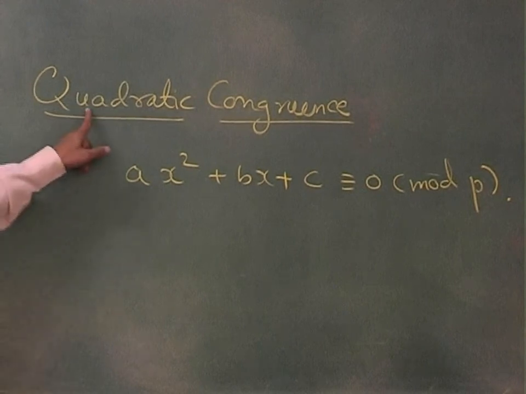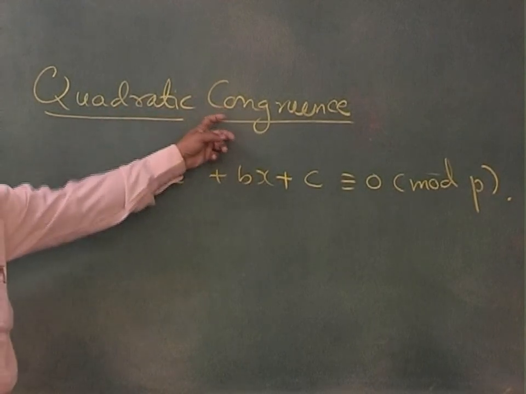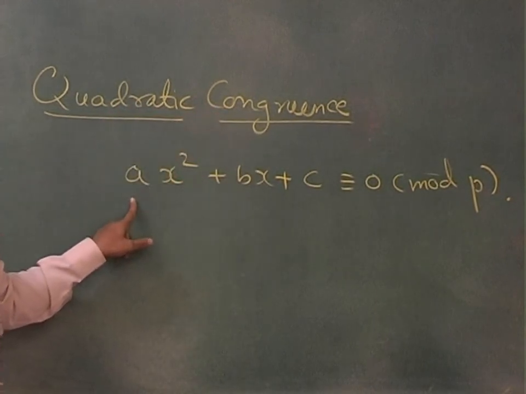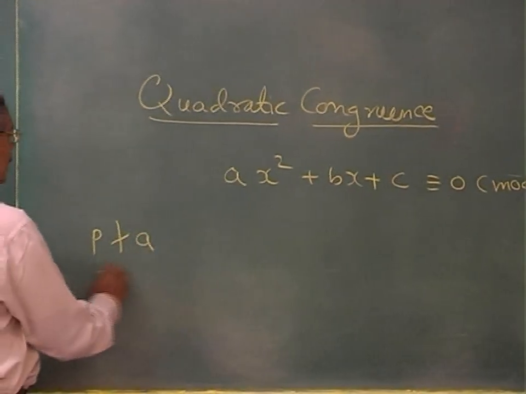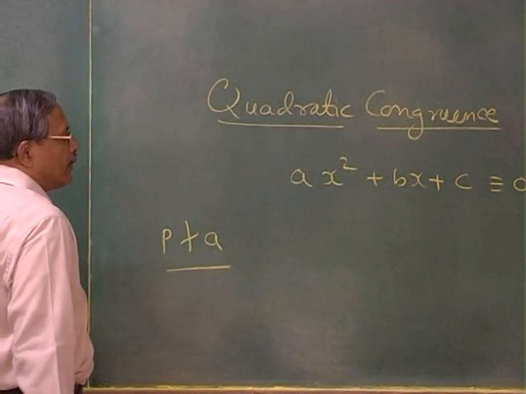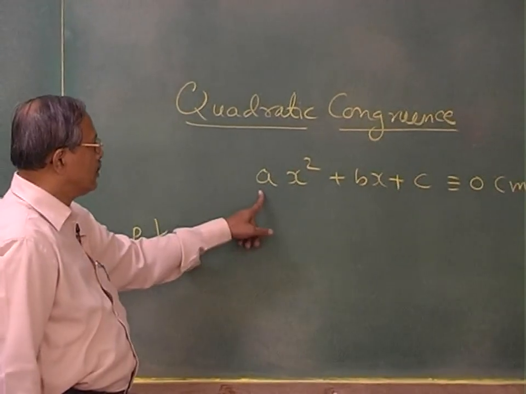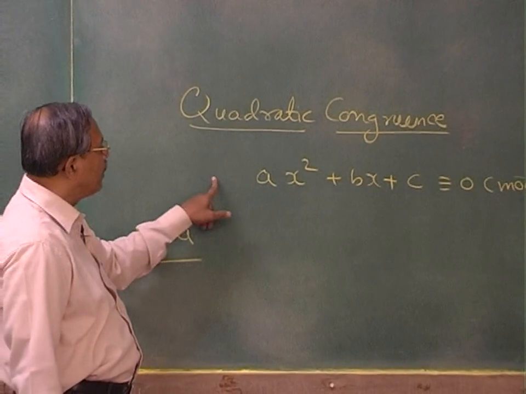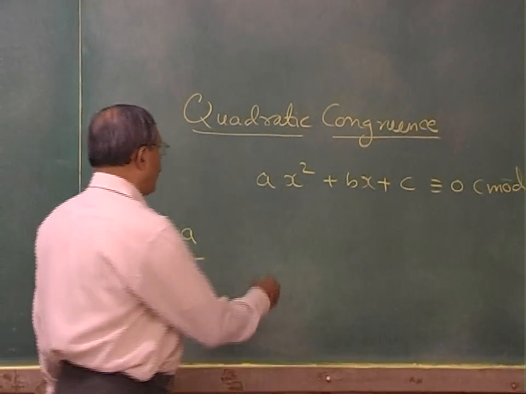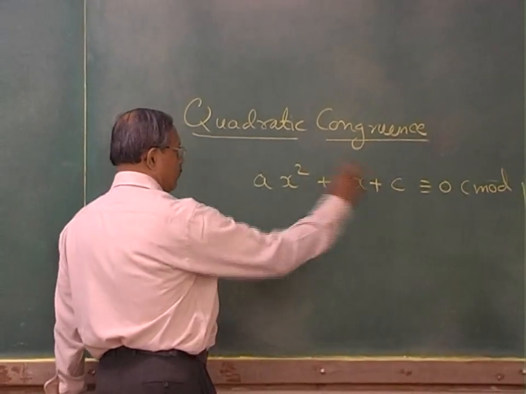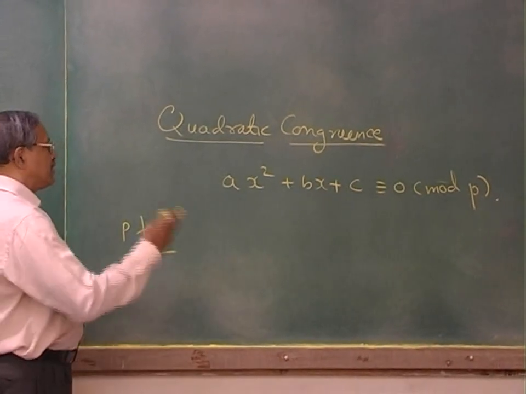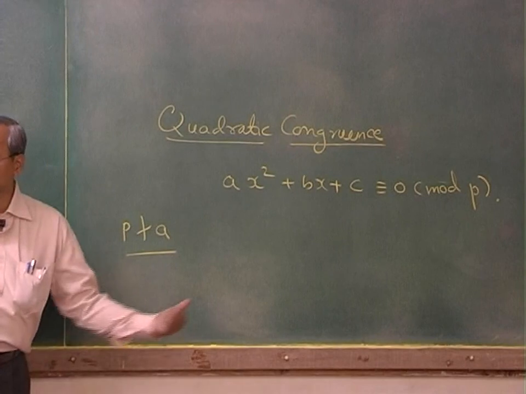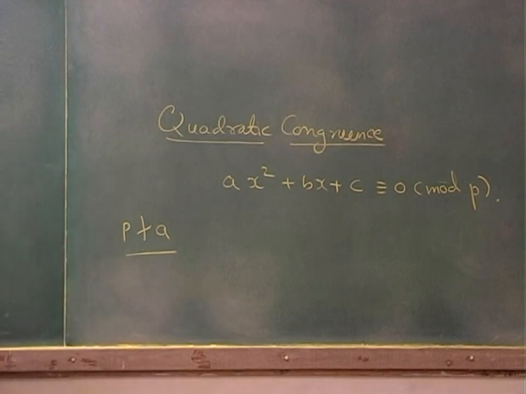Here again, p doesn't divide a. That is the assumption. And to solve this, we multiply both sides by 4a. We are assuming that p is an odd prime.